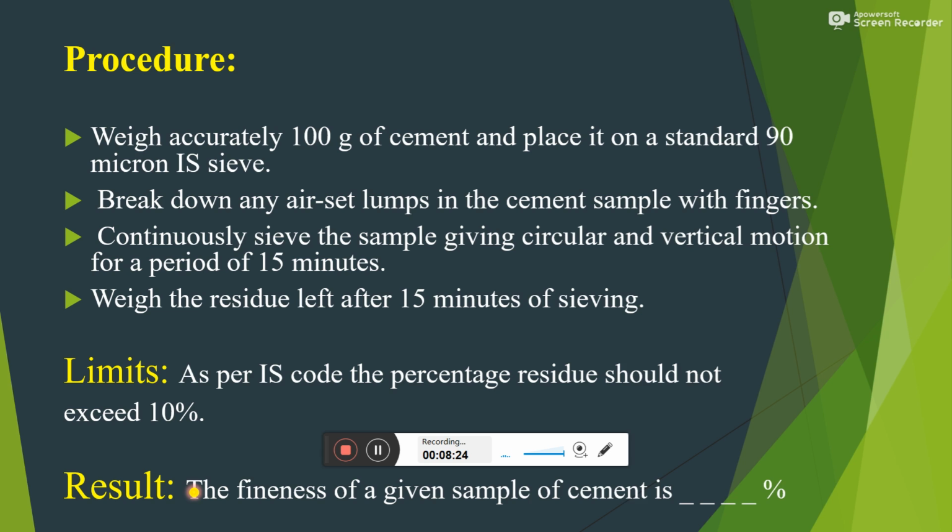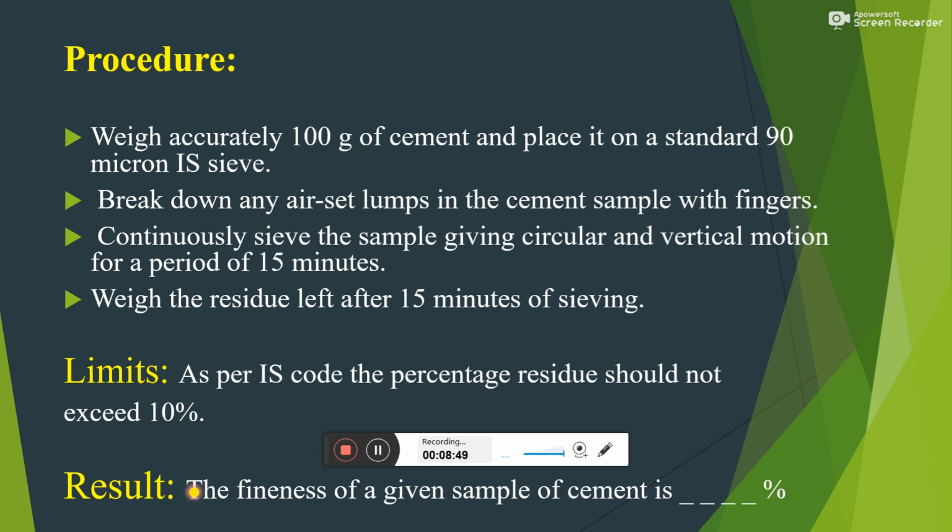Whatever percentage you have got gives the fineness of the given sample of cement. That is the result. Find out the percentage of the residue weight to the complete weight of the cement, then write it down as the result.